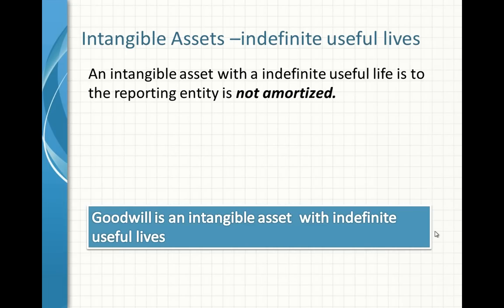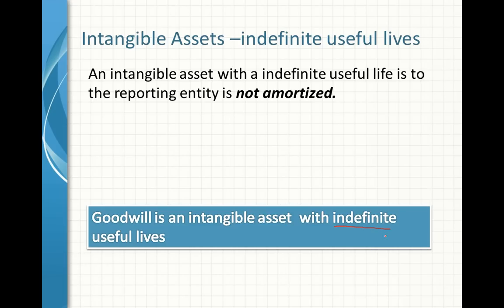Most of the companies think that goodwill cannot be amortized. Nobody says my company goodwill is going down 25% every year. No, you can't say like that. The goodwill has to be developed, isn't it? So most of the companies do not amortize goodwill because of indefinite value.